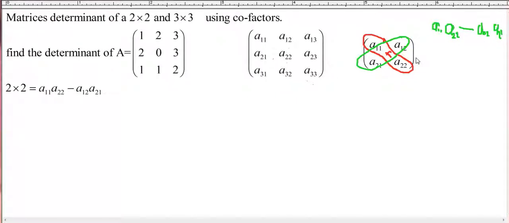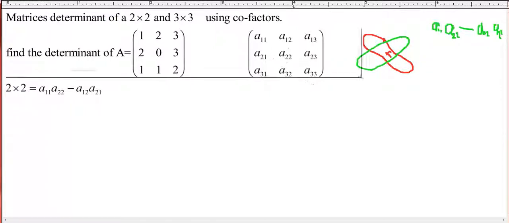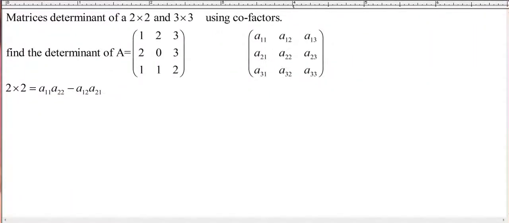Let's have two more matrices here, so that we have a clear example.